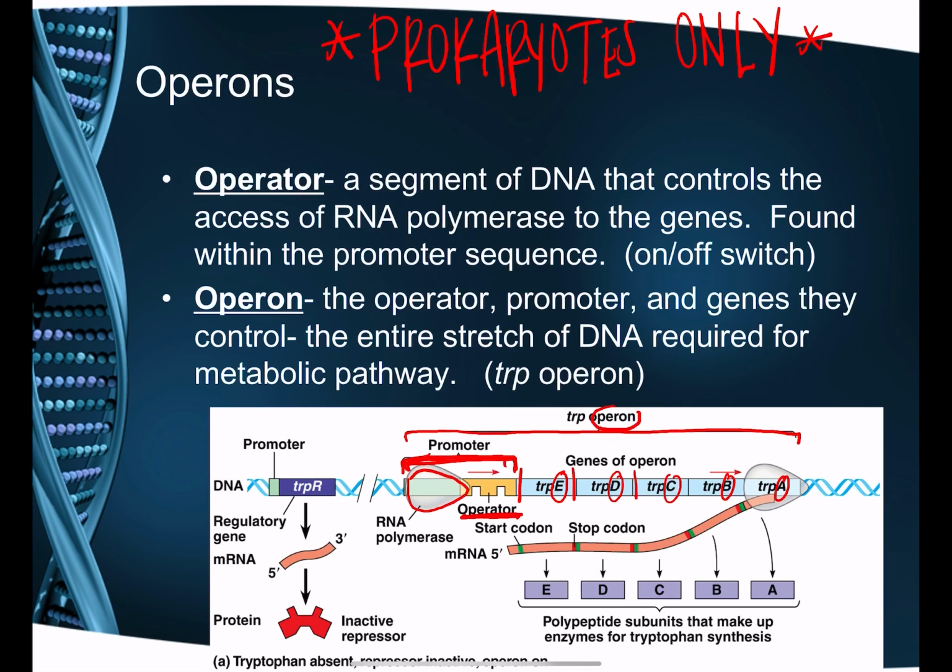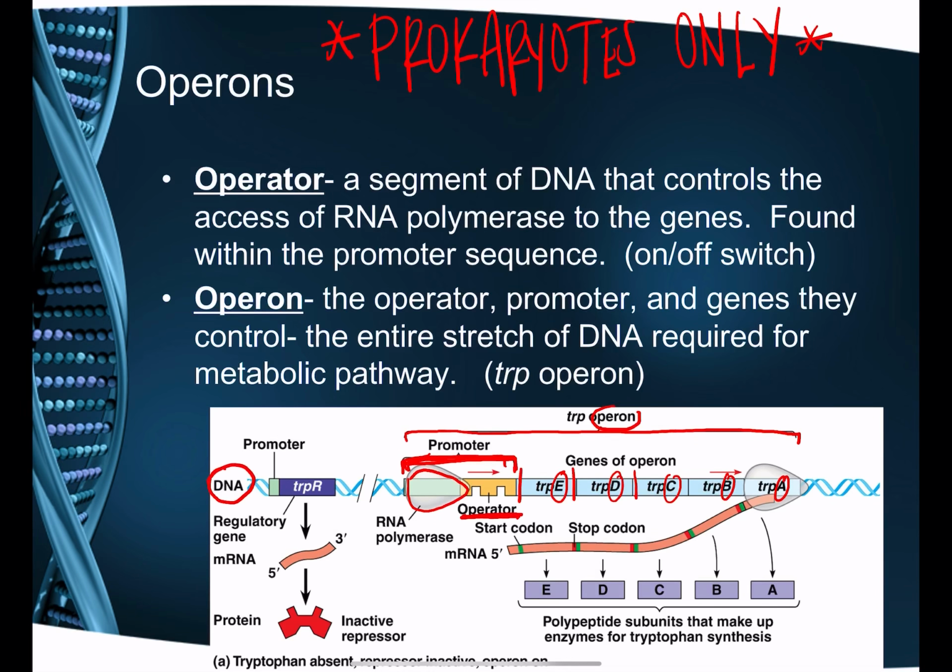So the operator is like the on and off switch. It's either going to say, yes, RNA polymerase, you can access these genes and you can make all of those, or no, RNA polymerase, I'm going to turn you off and we are not going to transcribe these genes right now, okay? And so that operator is, again, the switch, all right?